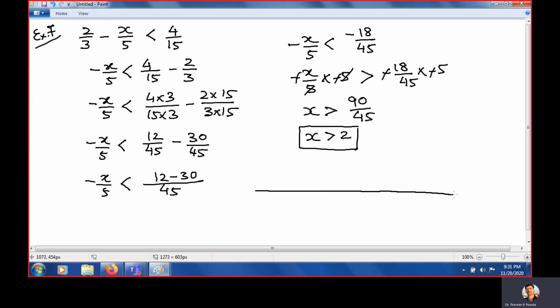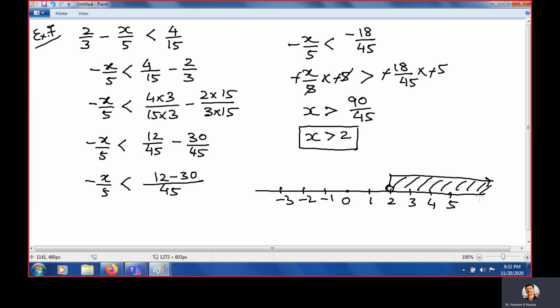So how to draw the graph? Well, this is simple. Now you are expert. 1, 2, 3, 4, 5. Because it is greater than, no need to mention the negative. Greater than only, so it is an open bracket, open dot, and this side is the solution.